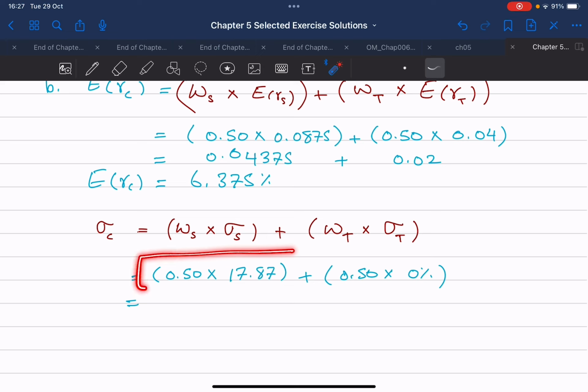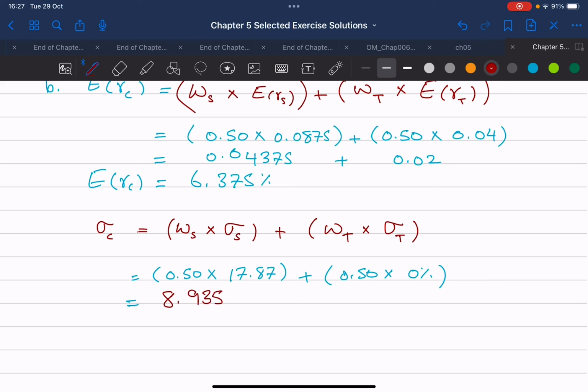And we are going to be left with this part, right? So 0.5 multiplied by 17.87, and our answer is going to be 8.935%, which is the standard deviation of the complete portfolio.